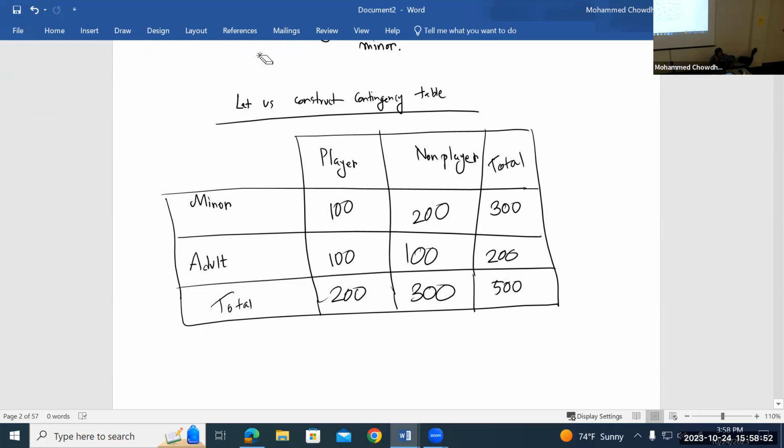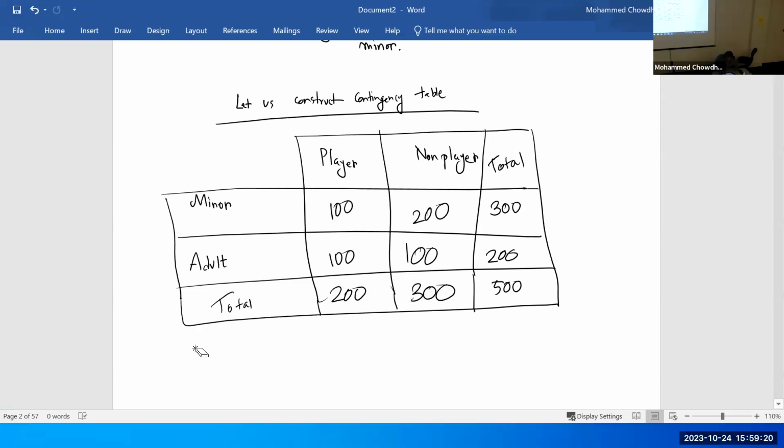So you have to keep your temperament super cool when you read the question in order to accurately write the contingency table. Once you perfectly write it, the rest of the problem is super easy. Clear, right? Because in your exam, you will get a problem like that. So that is why I spent some time.